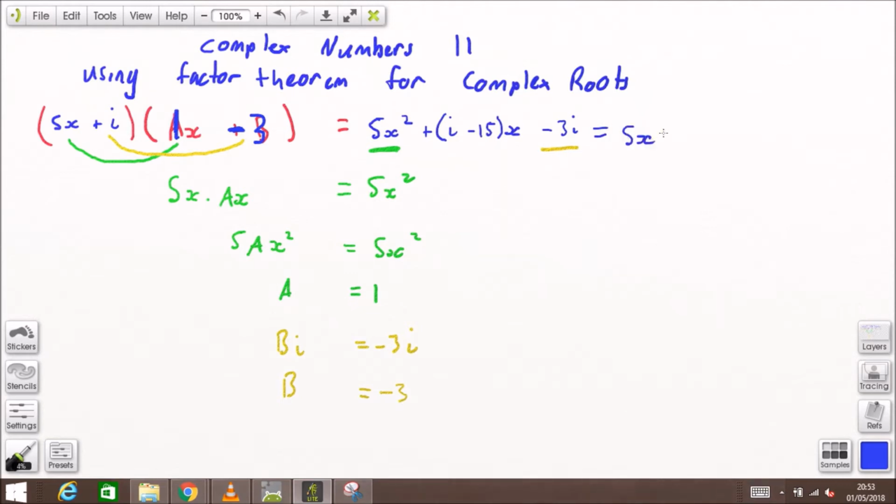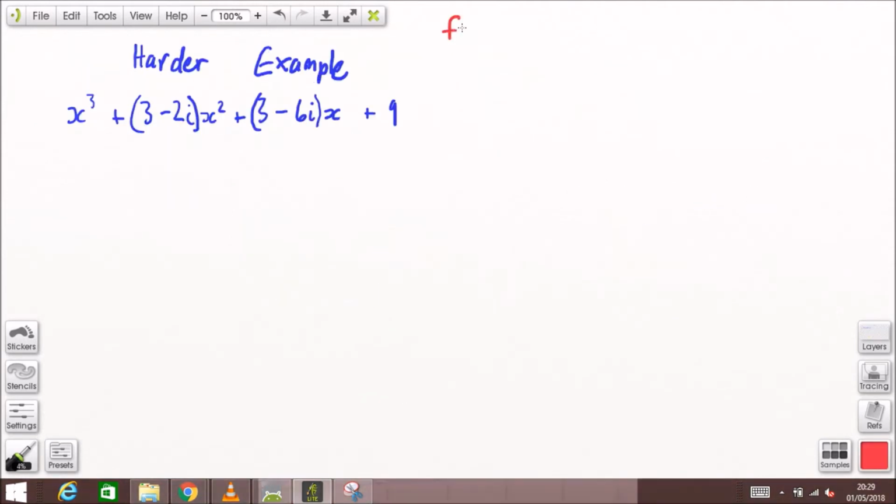So if we fully factorize this polynomial using factor theorem, we'll arrive at 5x plus i and x minus 3, giving us x equals negative i over 5, or 3 as our possible roots. Right, now for a bit harder example, we're going to factorize using factor theorem again.